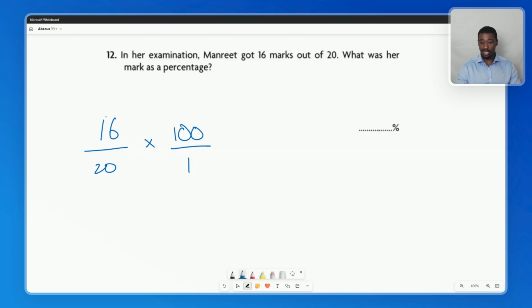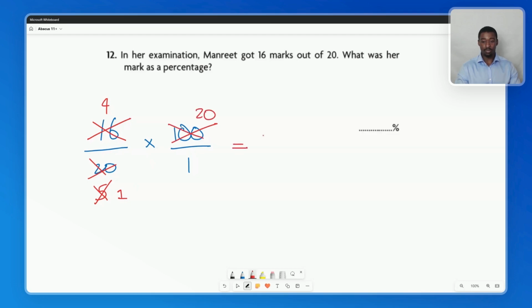Well, first we can cancel down this vertical column here. We can take out the common factor of 4, because 4 goes into 16 4 times and 4 goes into 20 5 times. Then we can cancel across this diagonal using the common factor of 5, because 5 goes into 5 once and 5 goes into 100 20 times.